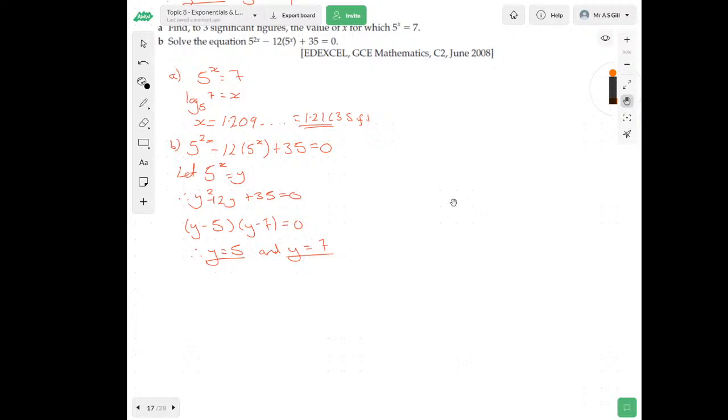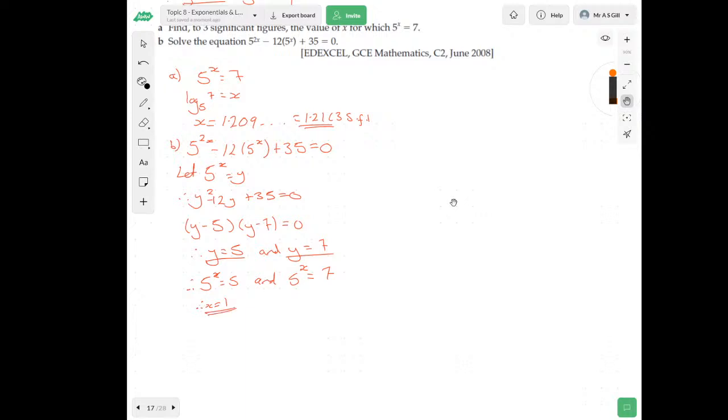We already said y is equal to 5 to the x, so therefore 5 to the x equals 5, and 5 to the x equals 7. Well, 5 to the x equals 5 is straightforward, therefore x equals 1, because anything to the power of 1 is just itself.